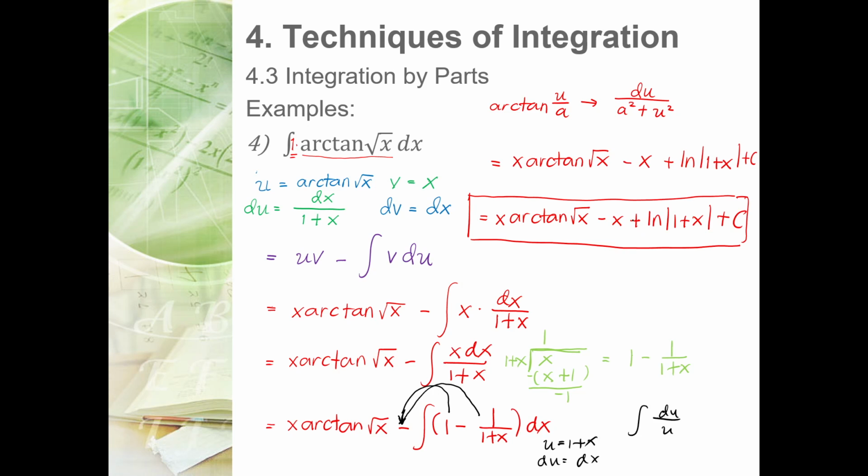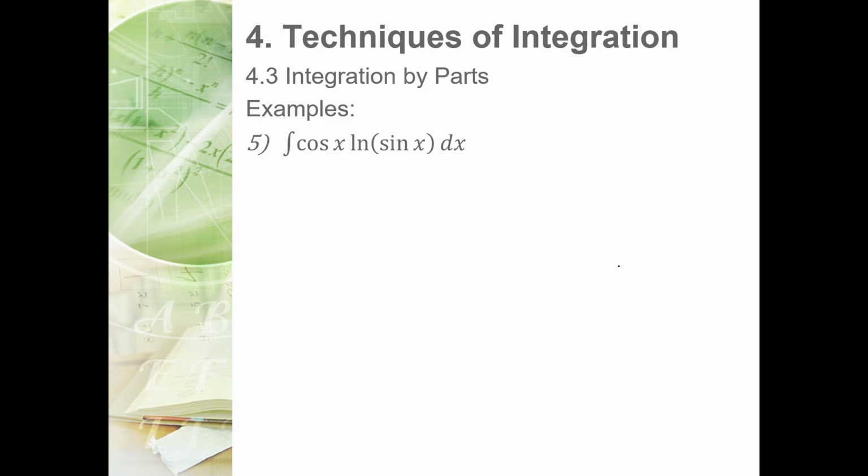Okay, so let's proceed to number 5. The integral of cosine x times ln of sine x dx. Our expressions are getting more complicated. Again, this one is a trigonometric function against a logarithmic function.